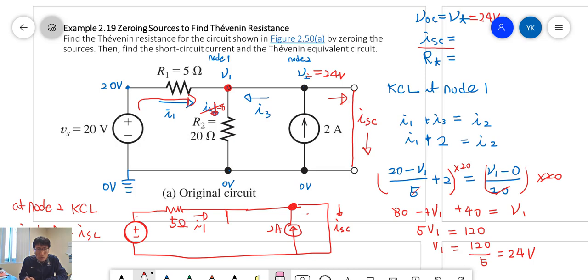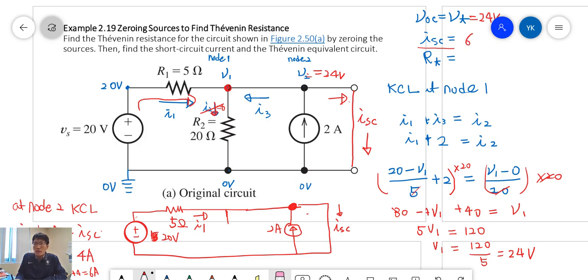And how about I1? Just 5 ohms and 20 volts. Based on Ohm's law, I1 is 20 volts over 5, so 4 amps. So ISC is 2 plus 4, which means 6 amps.